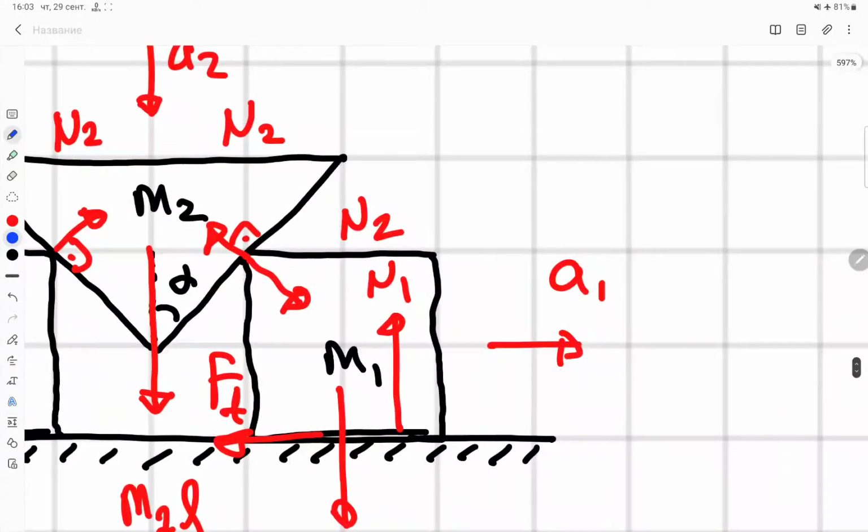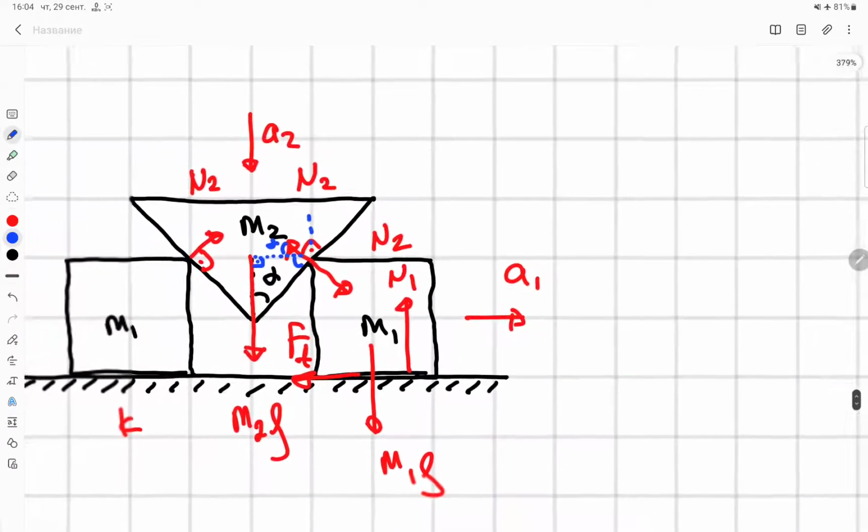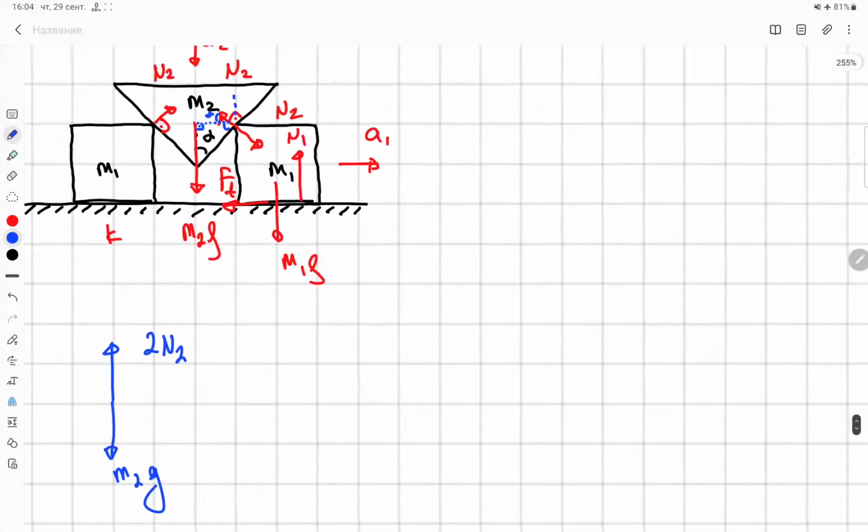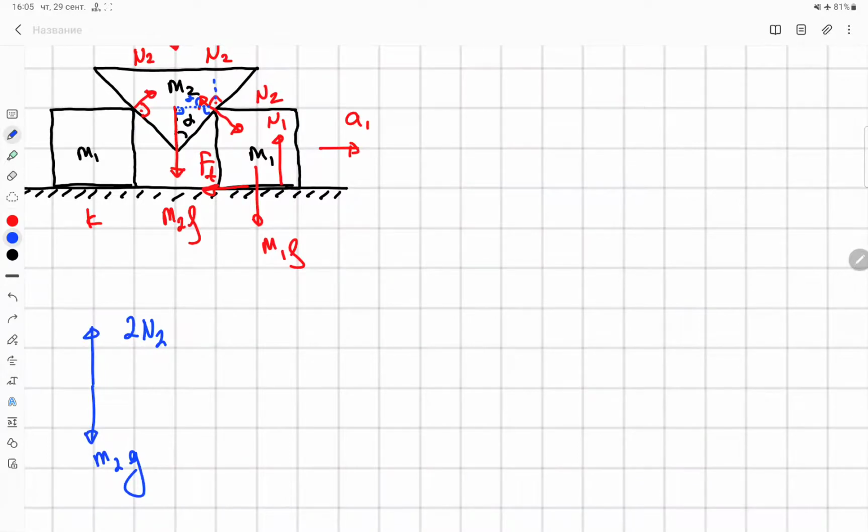We should be careful. 90 degrees. So this angle will be alpha. No, sorry, it's not alpha. Here 90 minus alpha, so this angle is alpha, should be alpha. So this is a vector basically. So here it will be sine alpha.